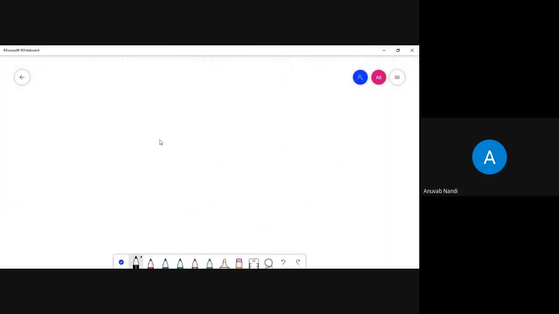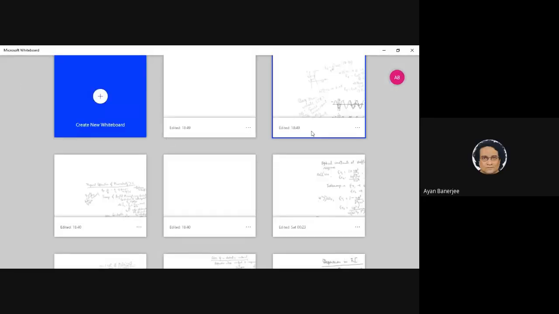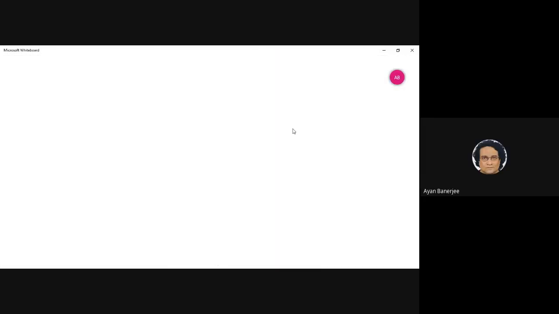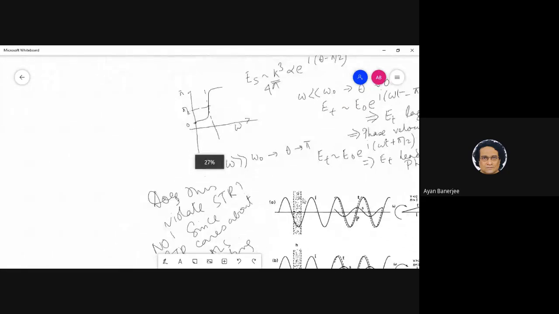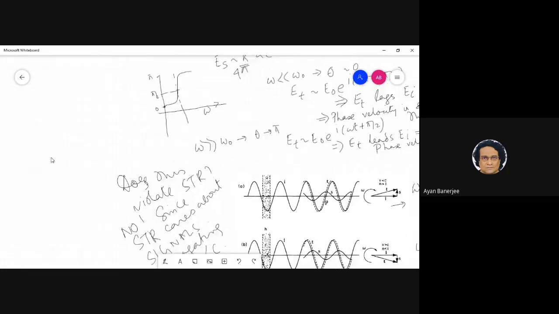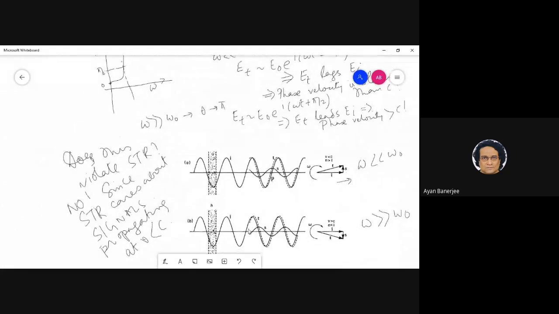Sir, I couldn't understand why ET leads EI in phase should imply that the phase velocity is greater than c. Basically what this is meaning is that, if you just think of this, both are starting from, say, a location here, and what is happening is that T is actually traversing the same distance in quicker time, right?